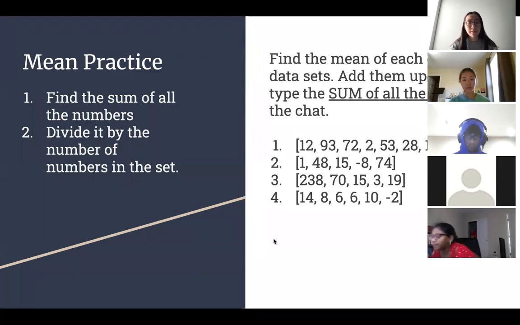Just find the mean of each of those data sets, and then find the sum of all of the means. You don't have to type out your answers for each of them individually. You can just give your final answer at the end.